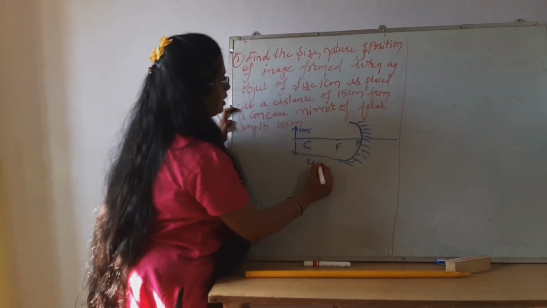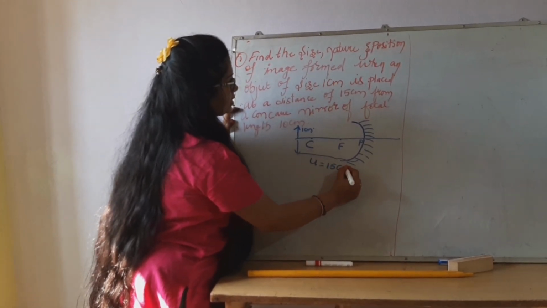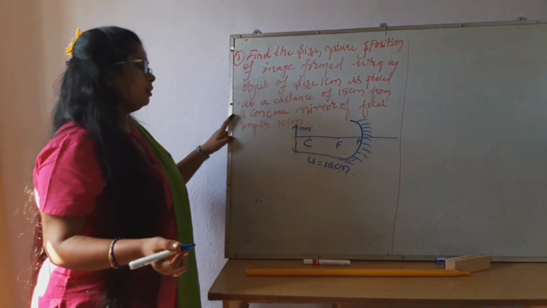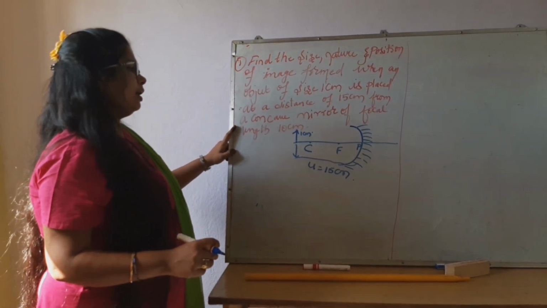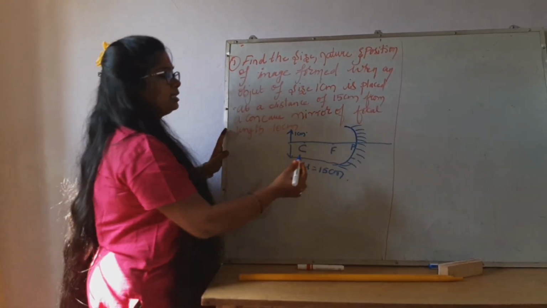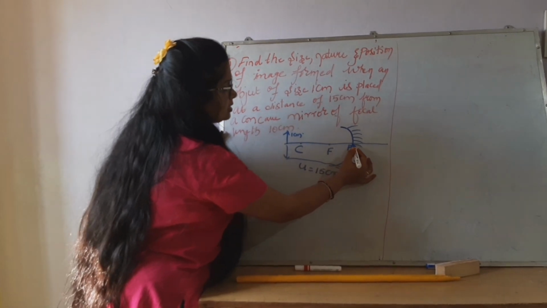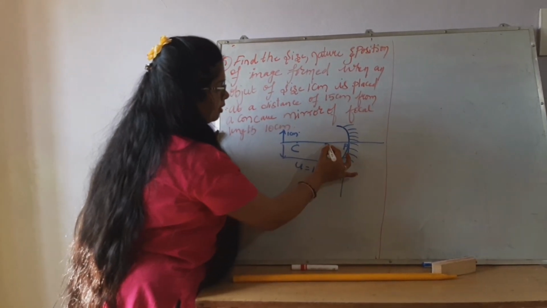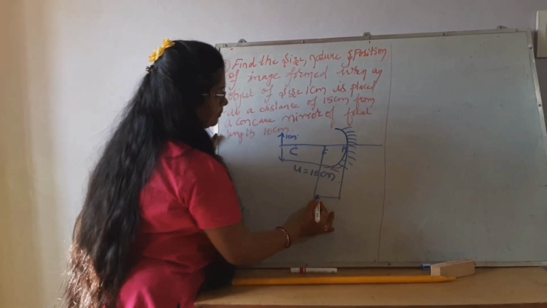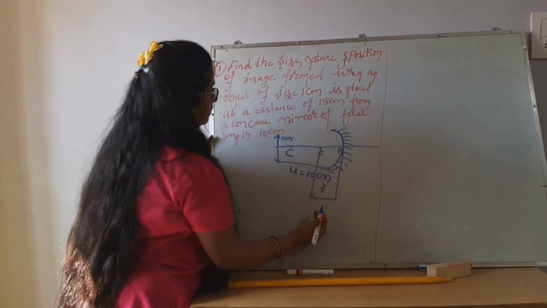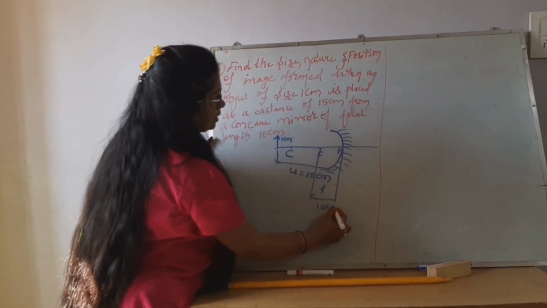Distance u is equal to 15 centimeters. And the focal length is 10 centimeters. This focal length, from the pole to focus, small f, is equal to 10 centimeters.